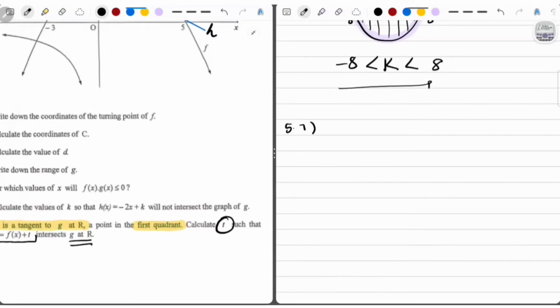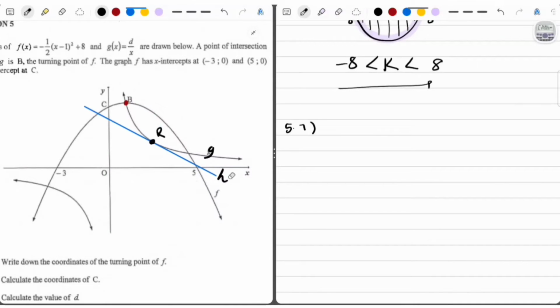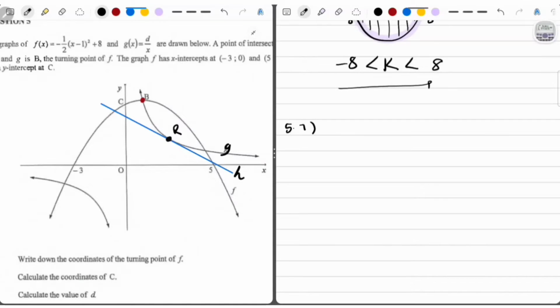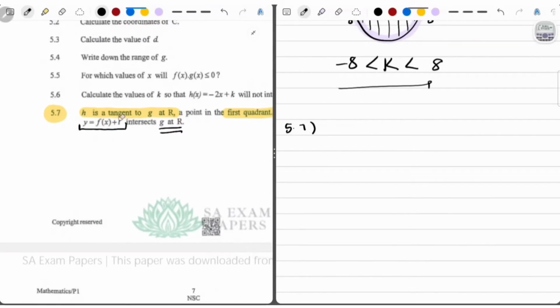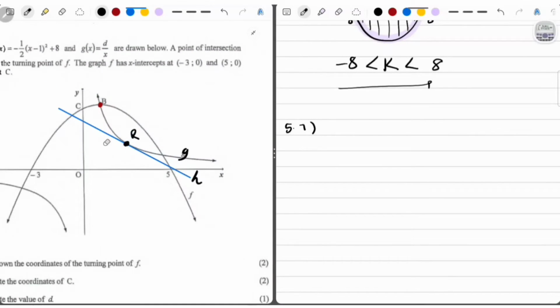So we have h, we have g, but we also have a new graph, a parabola, which is formed by taking the graph of f and translating it somehow up or down. It's one of the two. It's still an upside down parabola, still the same thing really, but it's intersecting at r as well. And we just need to find out the values of t for which it's actually going to intersect r.